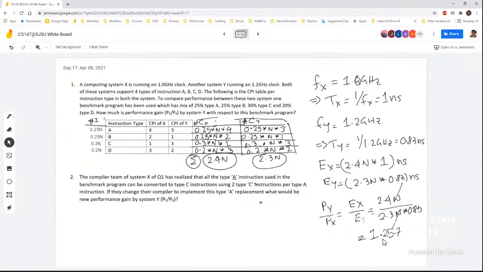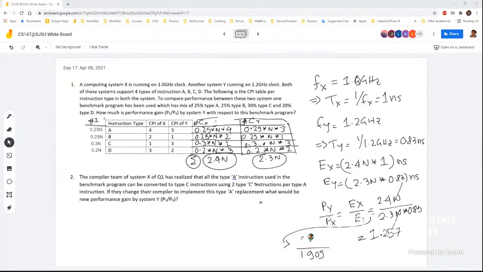1.252. Okay, 1.25217, approximately. Okay, let me see. Let me just bring out the calculator. Maybe I'm wrong in that calculation. So we're talking about 2.3, the denominator, right? 2.3 multiplied by 0.83, which is 1.909.